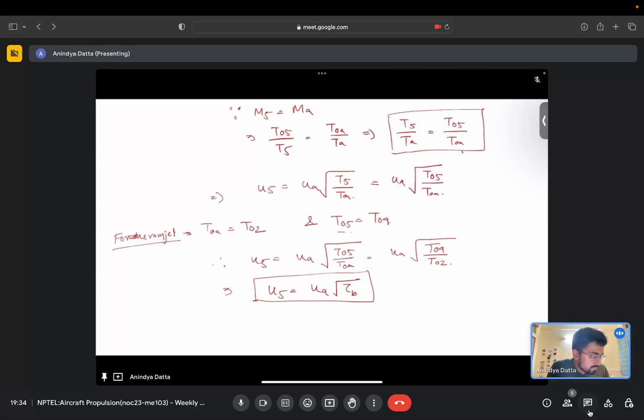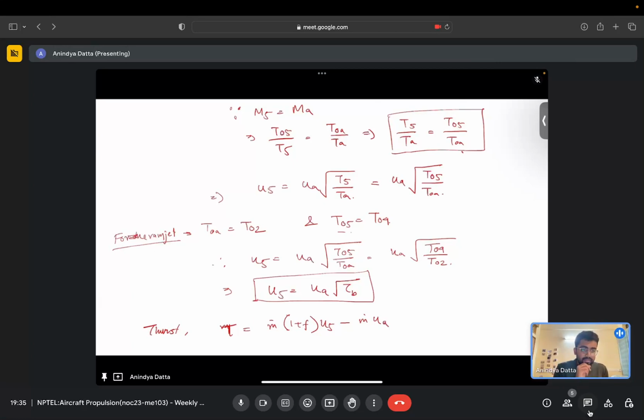Okay, so now finally the expression for thrust. So thrust T is equal to m dot times (1 plus F) into U5 minus m dot F times UA, right?